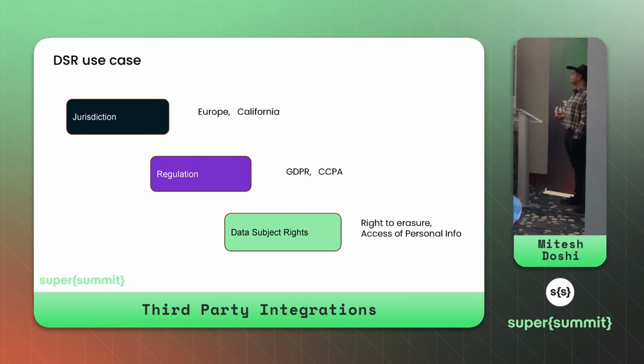Europe has GDPR, California has CCPA. Most of these jurisdictions have a set of data subject rights. A right can be the right to delete, the right to be forgotten, and the right to access your personal data. So that's where Ketch comes in.